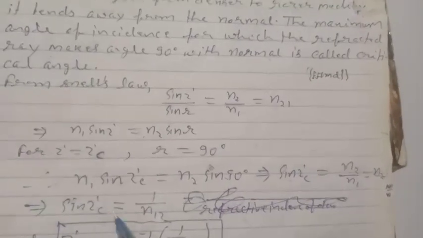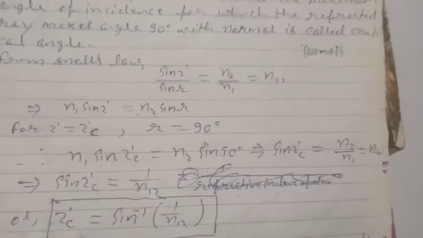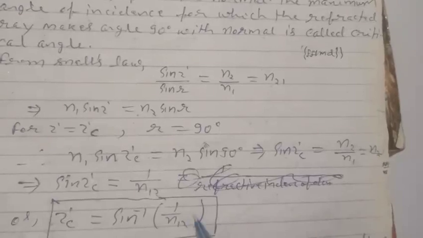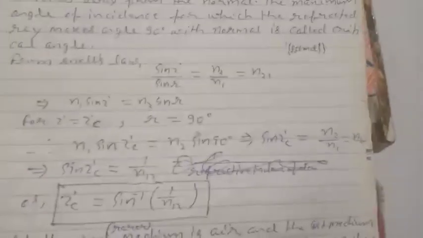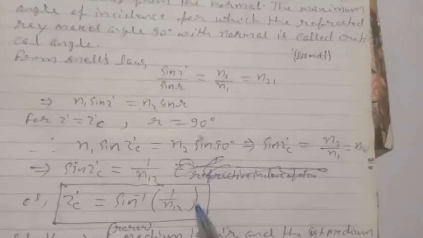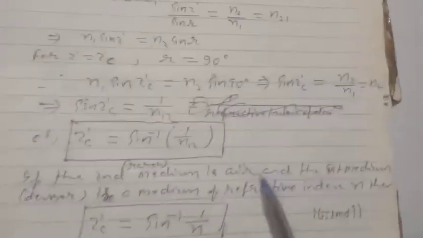This implies sin IC equals 1 by N12, or IC equals sin inverse of 1 by N12. This is the formula for the critical angle in terms of the refractive index of the first medium with respect to the second medium. We can say that it is the refractive index of the denser medium with respect to the rarer medium.